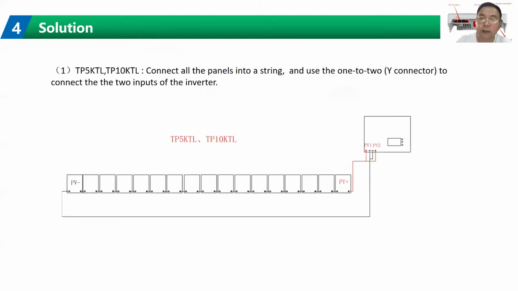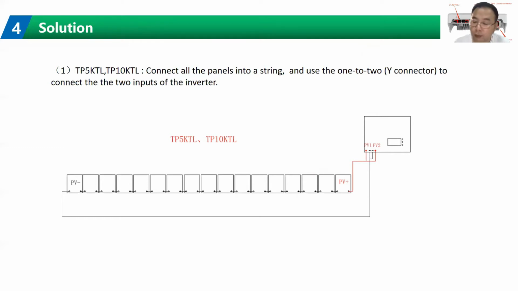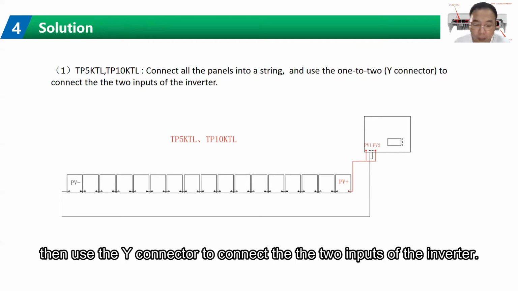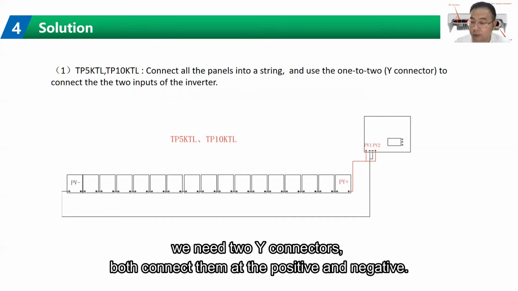Let's talk about the 10 kilowatt inverters. Connect all the panels into one string, then use the Y connector to connect the two inputs of the inverter. We need two Y connectors, to connect them at positive and negative.